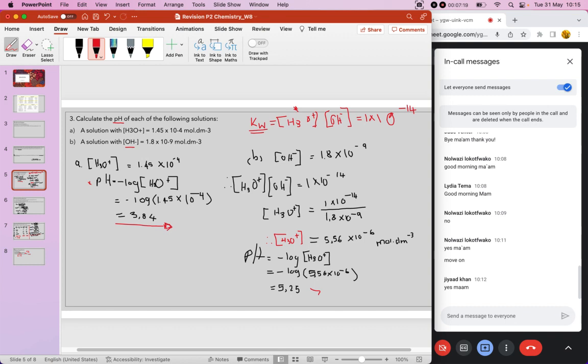So why are we calculating the concentration of the H3O plus?